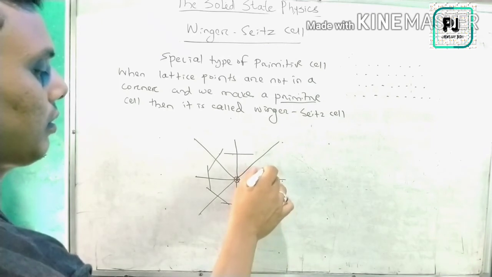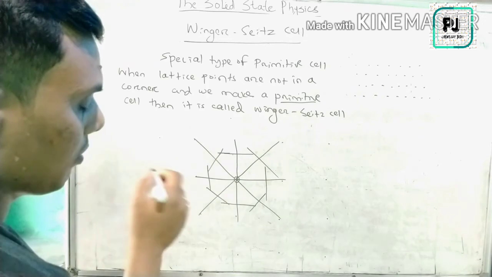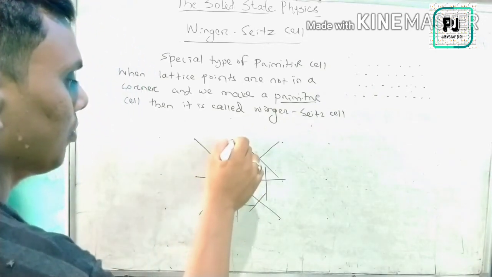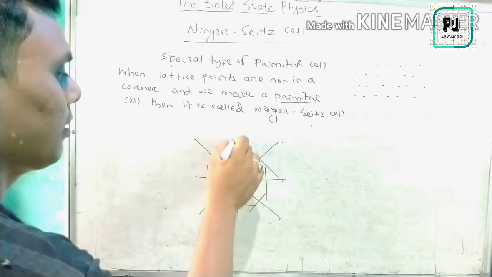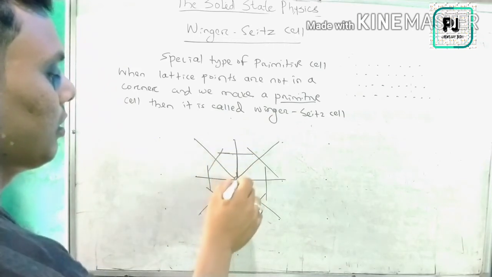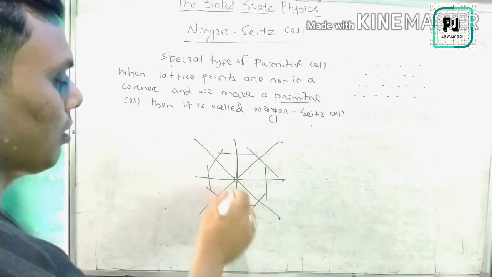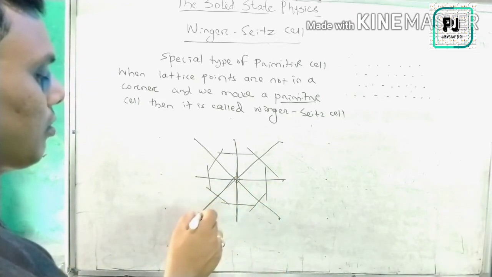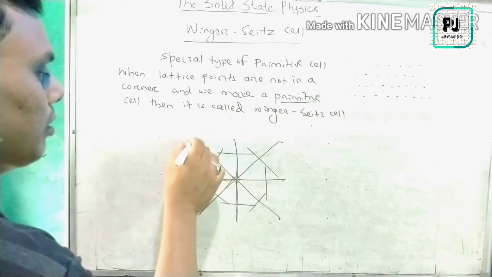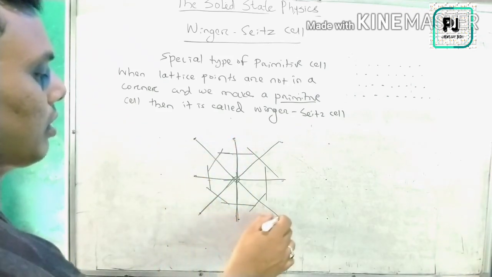So in every side, we have this point. I have taken this side also. This side first, from this point to this point, from this point to the second one, from this to the third one, fourth one, fifth, sixth, seventh, and the last one is the eighth. So of this point, all have the same distance.